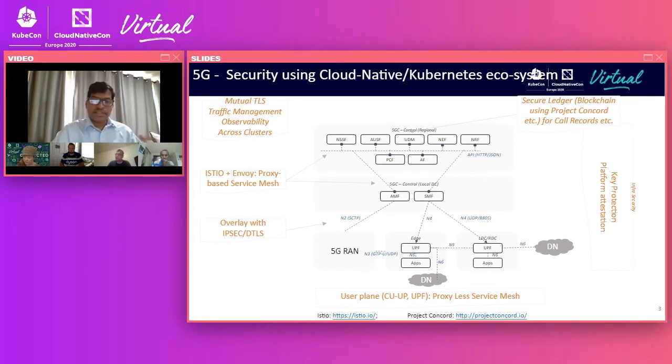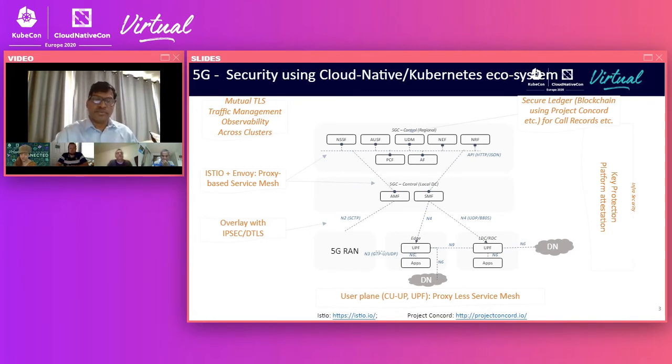But as I mentioned, there's one aspect of service mesh: if all the microservices are sitting in the same Kubernetes cluster, for example, they can work fantastic. But as you mentioned, 5G in general is disaggregated. There are different components, different microservices, or different network functions sitting in various Kubernetes clusters across geographic locations.